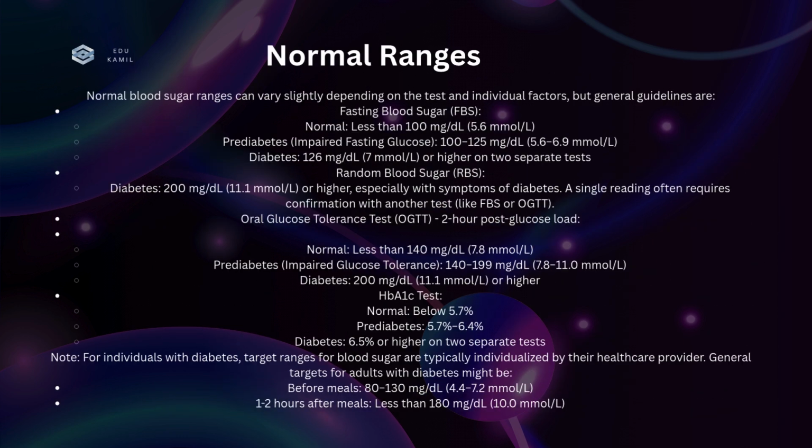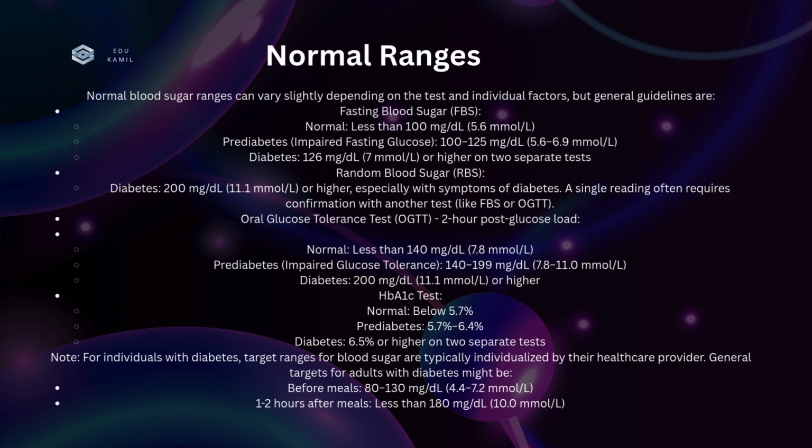Normal ranges. Normal blood sugar ranges can vary slightly depending on the test and individual factors, but general guidelines are: fasting blood sugar, FBS: normal, less than 100 mg per deciliter, 5.6 mmol/L; prediabetes, impaired fasting glucose, 100–125 mg per deciliter, 5.6–6.9 mmol/L; diabetes, 126 mg per deciliter, 7 mmol/L, or higher on 2 separate tests.